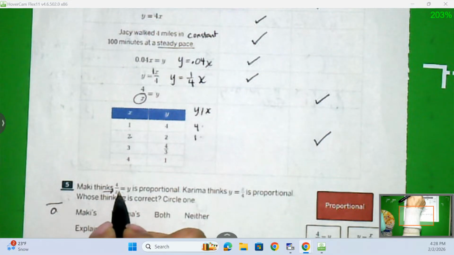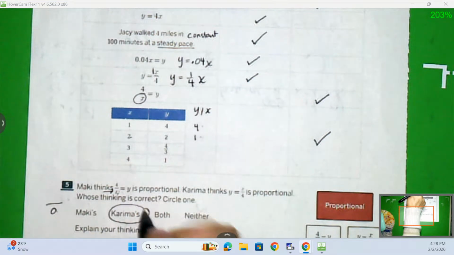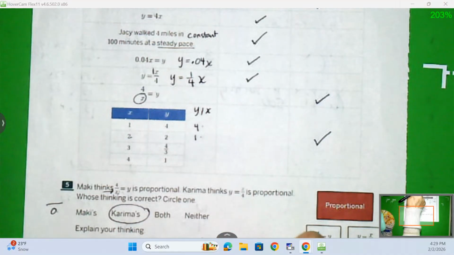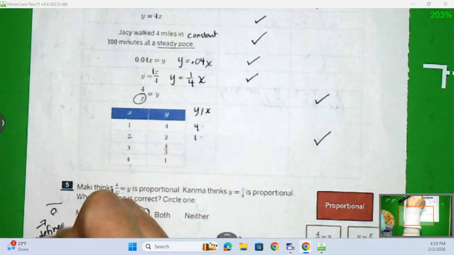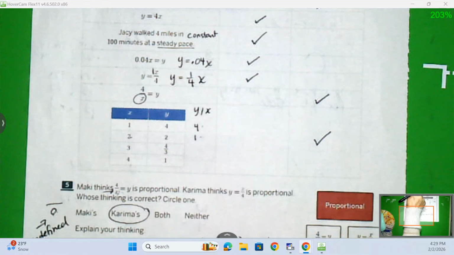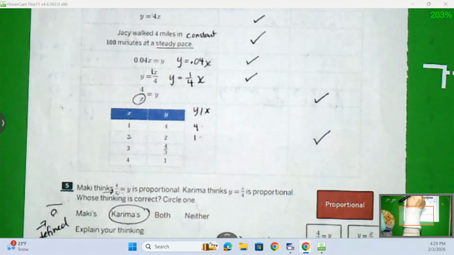So you can think of that as Karima is the one that's correct because you can't have the point 0, 0 because x can't be 0, because in the denominator that is called undefined. But also, you are dividing instead of having a number times x.